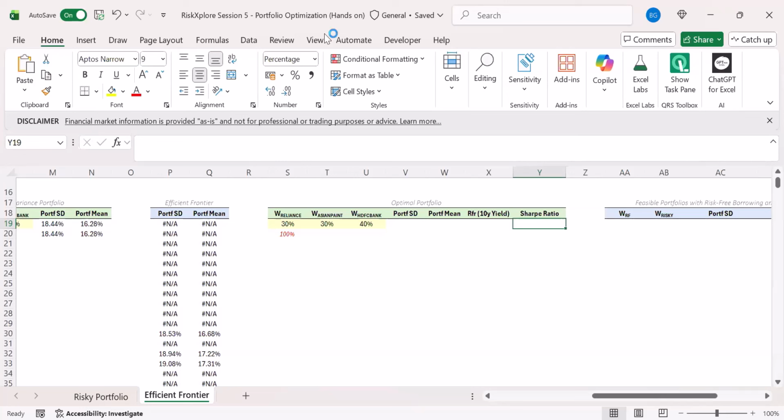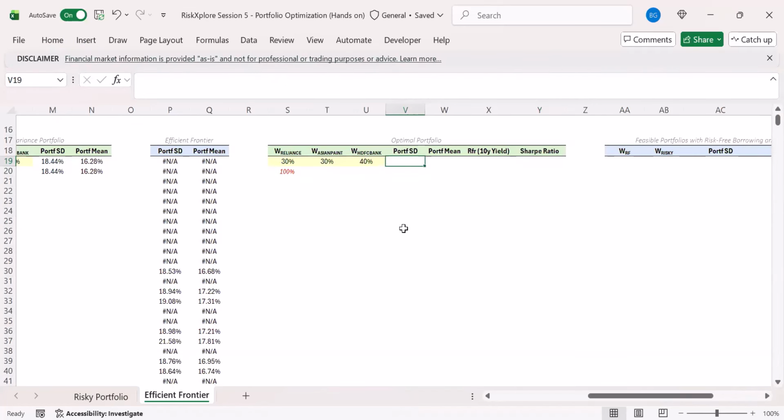What is the metric that we can use to derive risk weighted return? If anyone can tell in the chat section, what is the metric that we can use? If you have studied CFA Level 1 or FRM, we can use the Sharpe ratio.